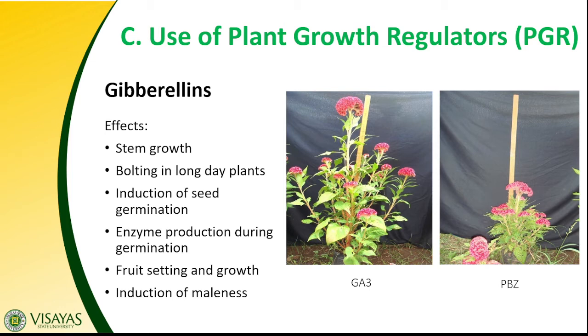So this is the most active gibberellin, the GA3. The other plant is being applied with PBZ or paclobutrazol. So you can see that the one applied with gibberellins has taller plants or longer stalk, whereas that of PBZ is shorter.